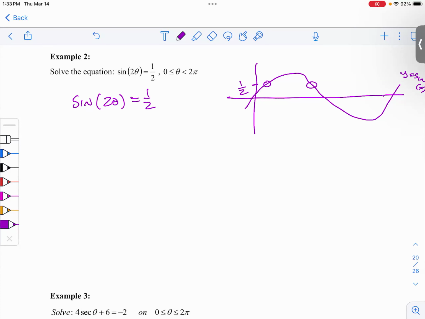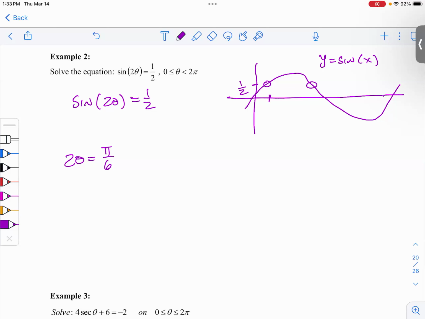Okay, so that becomes 2 theta instead of theta. The first one: 1/2 corresponds to what angle for sine, on the standard sine graph? Pi over 6.